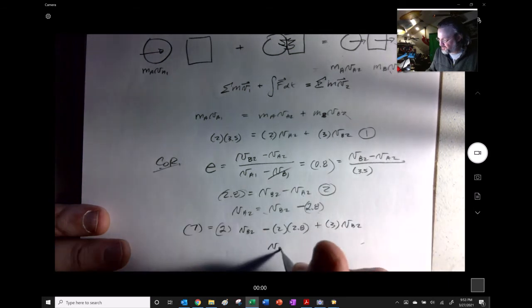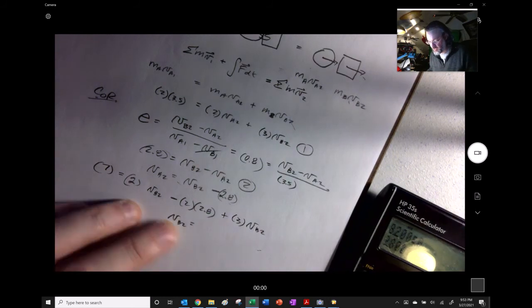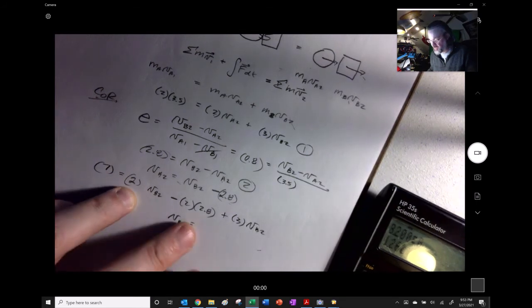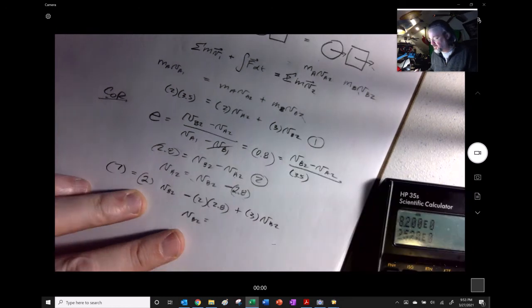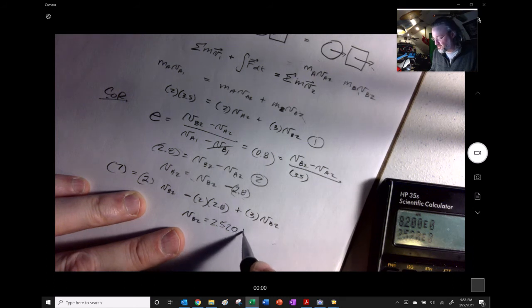We get v_B2 equal to 7 plus 2 times 2.8, divided by 5. So we get 2.52. How did I do? 2.520 meters per second.